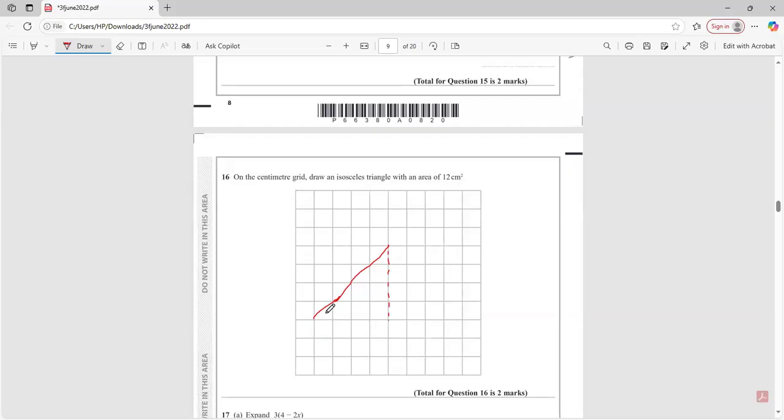So I already have 2 now. Half of this plus half of this is 1, half of this plus half of this, making 2 altogether. So let's add the remaining ones that are whole: 3, 4, 5, 6, 7, 8. Now, if I do the same thing on this other side, it's going to give me 16, but I need 12, not 16.